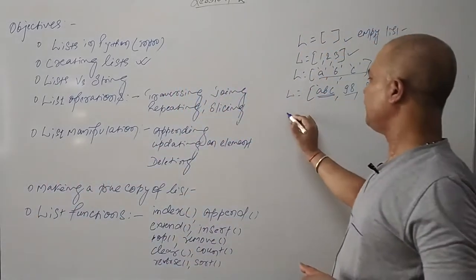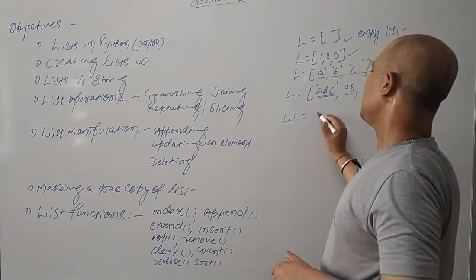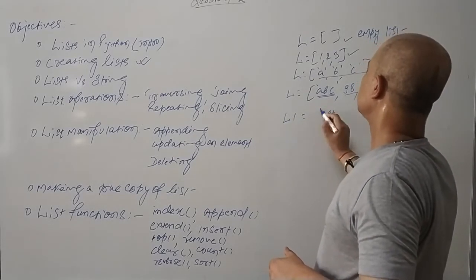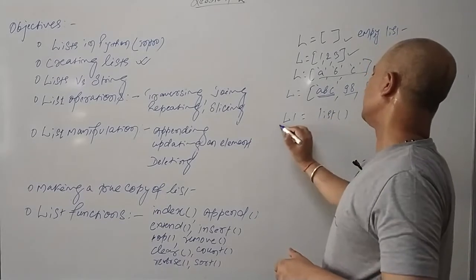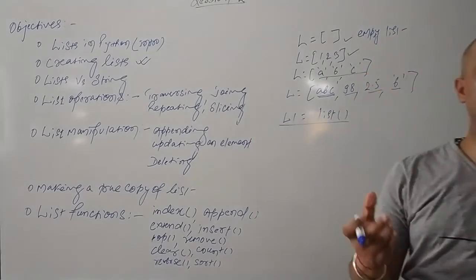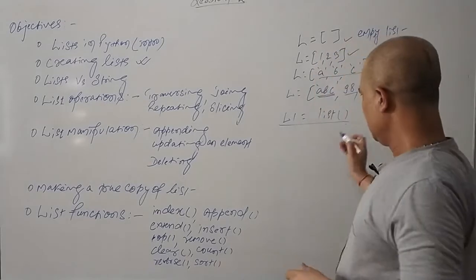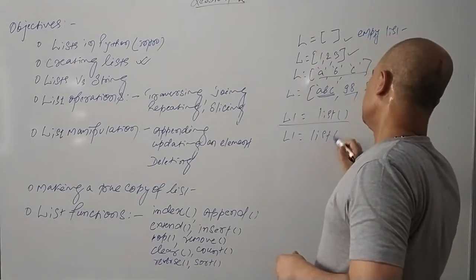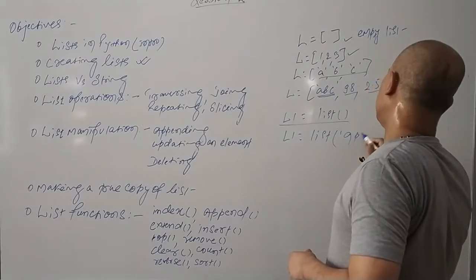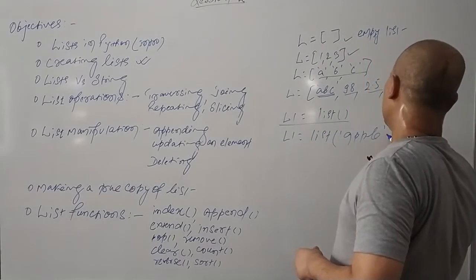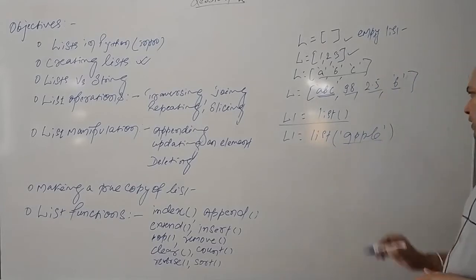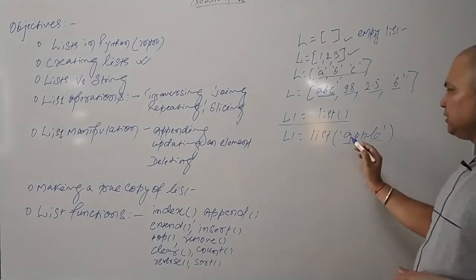Another way to create a list is L1 equal to list, which is a method. Simply you say list, L-I-S-T, open close bracket. This will also create an empty list L1. If you say L1 equal to list bracket and then you say apple, it means you created a list and also initialized the elements of the list.